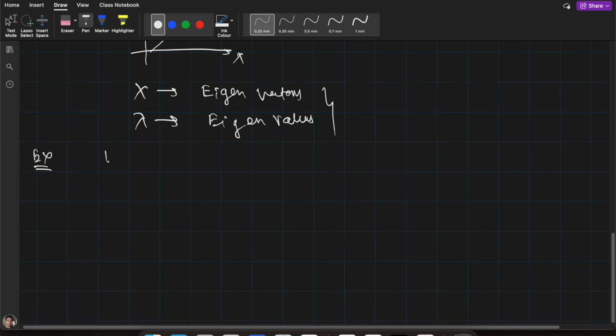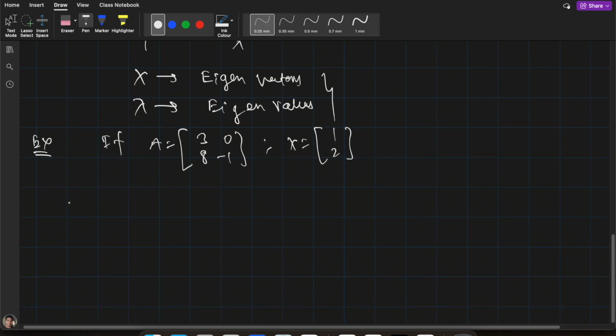Thank you, sir. Now I'll take an example. Suppose A is the matrix [3 0; 8 -1], and I have a vector (1, 2). Now I want to find the eigenvalue.